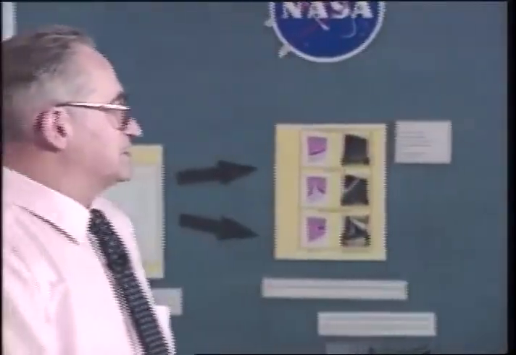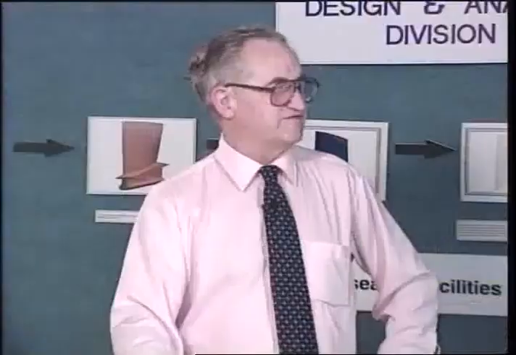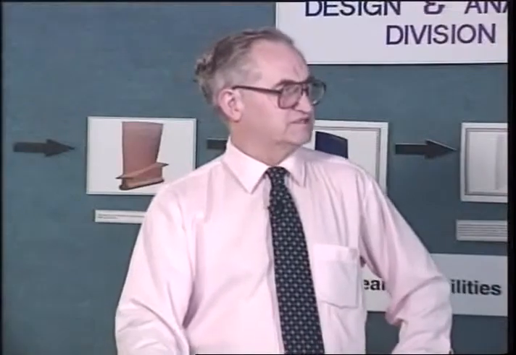Now, on commingling, this is kind of a new word, but what it is: in the past, fastener distributors would get fasteners from all different suppliers, put them together in a barrel, and when someone ordered some, they'd get a bunch out of the barrel. So it would be theoretically possible for you to get 100 fasteners made by 25 or 30 different manufacturers.